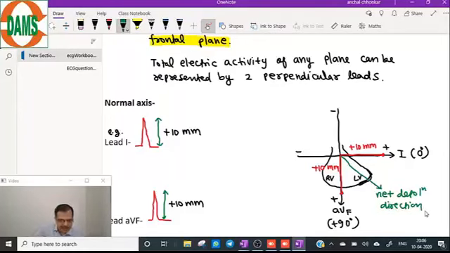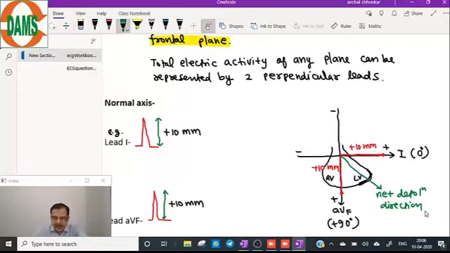This is just for an example that I have taken plus 10 mm and plus 10 mm, so that the net depolarization direction comes on the left ventricle side, that is, it is a normal direction.